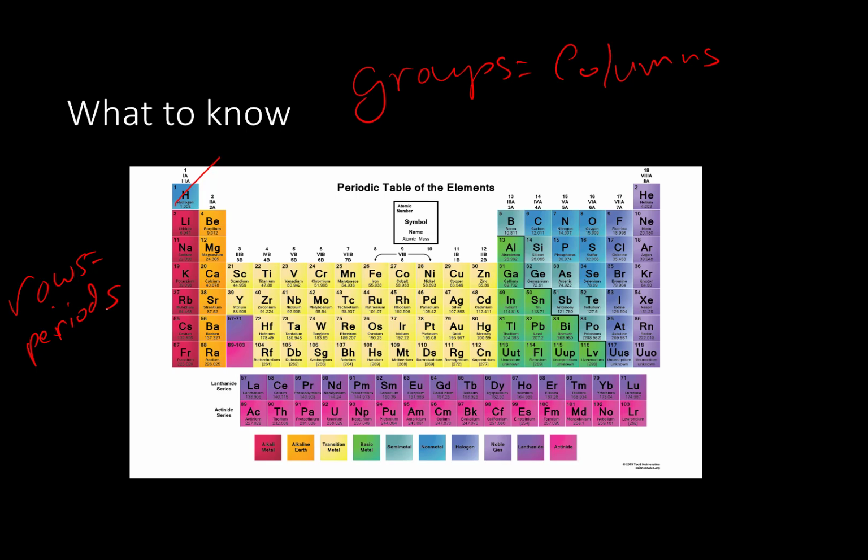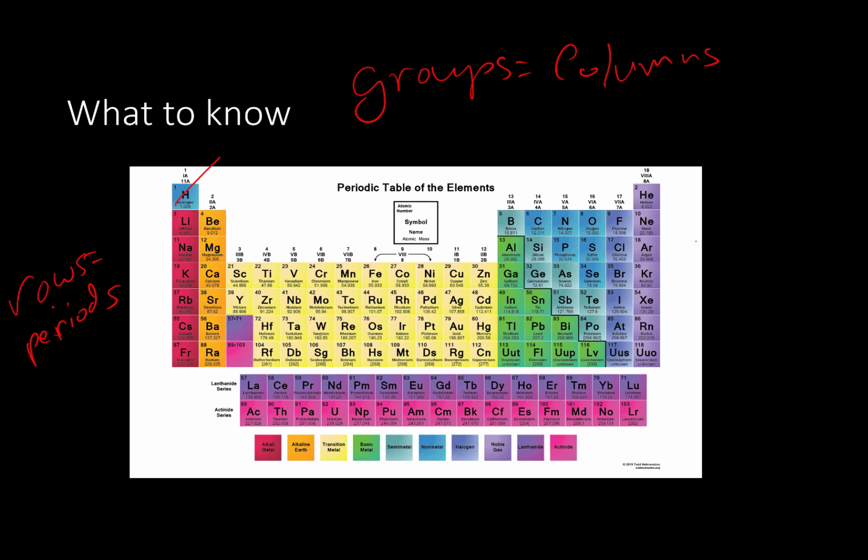And the key here is really the groups. That's where you start to see similarities in how the elements act. So when we talk about categorizing the periodic table, we're mostly looking at the groups. That's kind of the big thing we're focusing on.